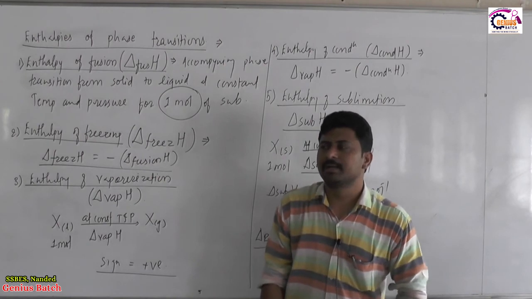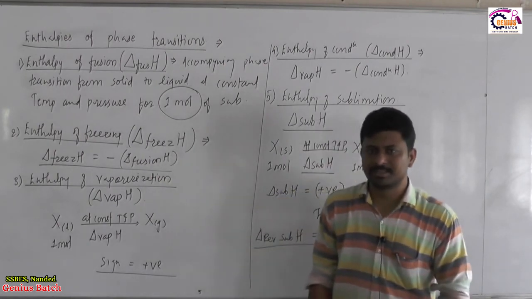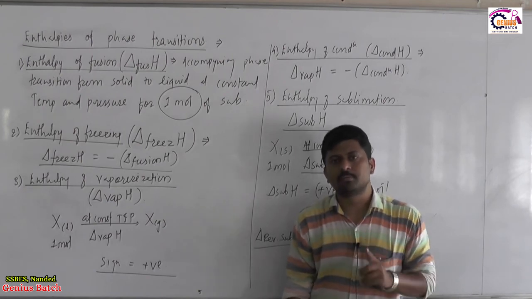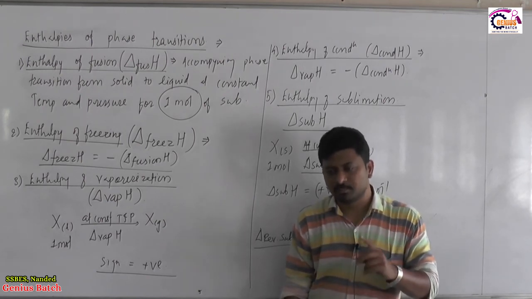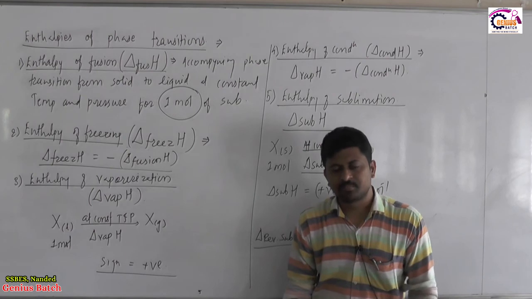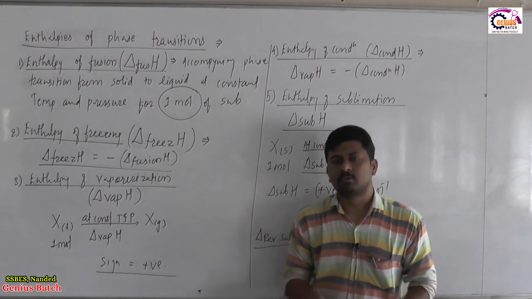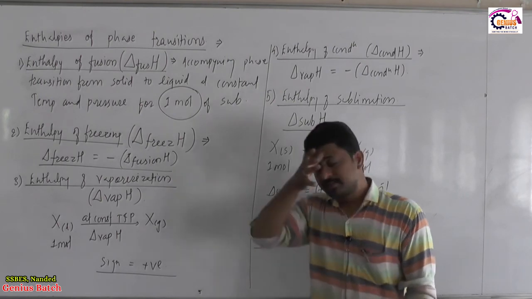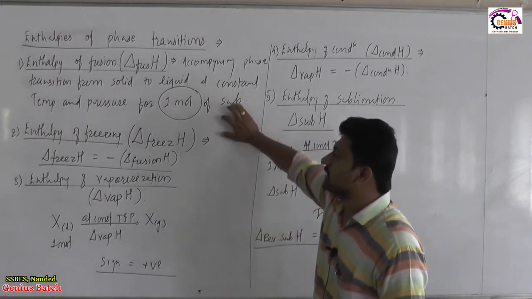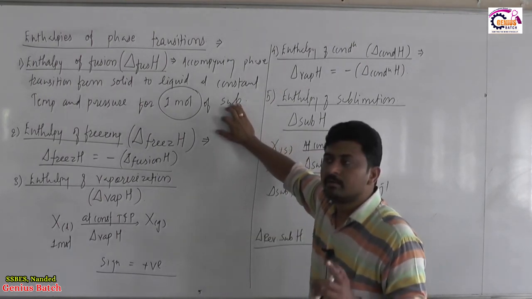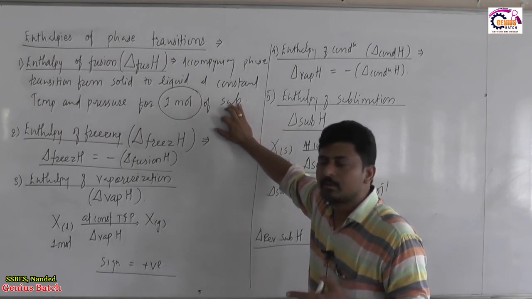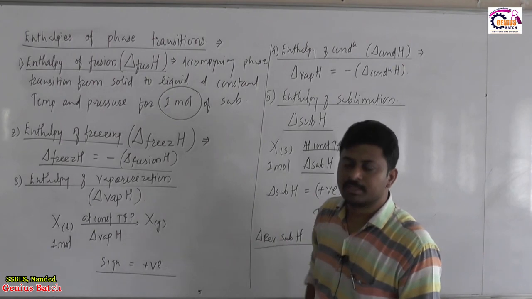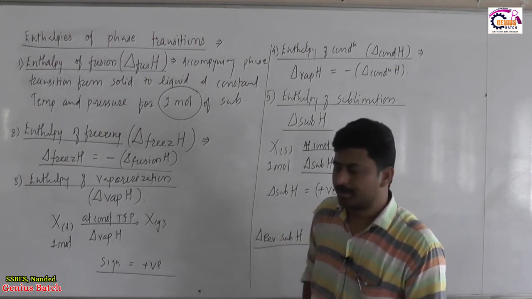The theme behind enthalpy of a phase transition is that whenever we consider a phase transition, it does not begin from the point where the process had started. It begins from the point where the actual physical state change has begun. Likewise, as we discussed here, it started from melting at the melting point. When we consider vaporization, it will start at the boiling point of that liquid.